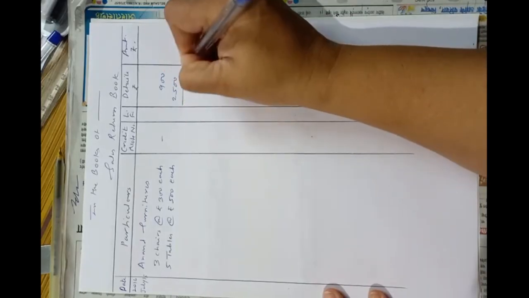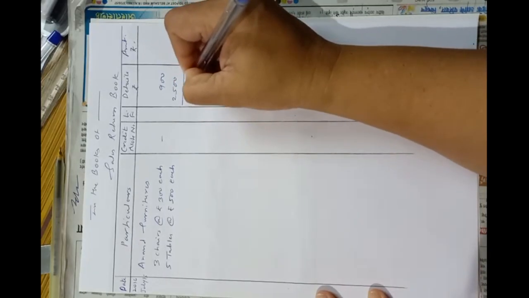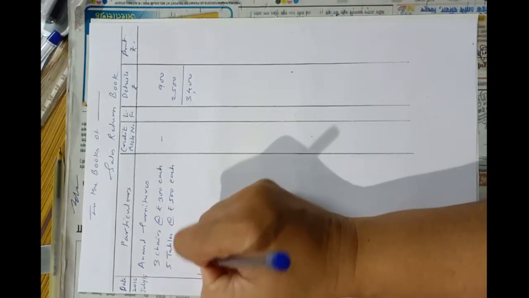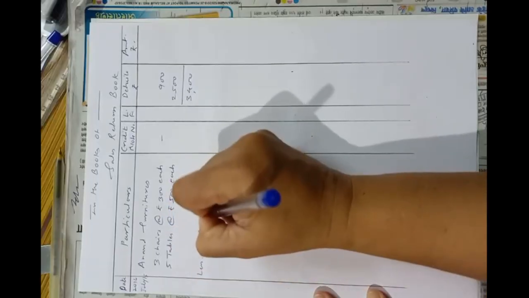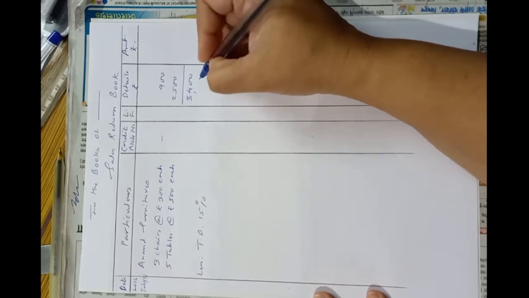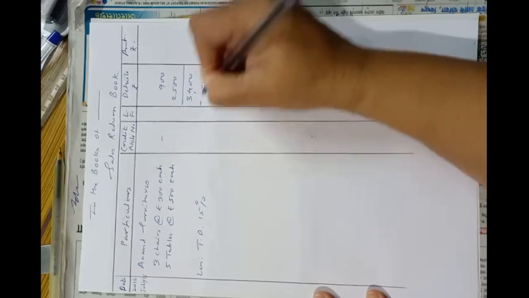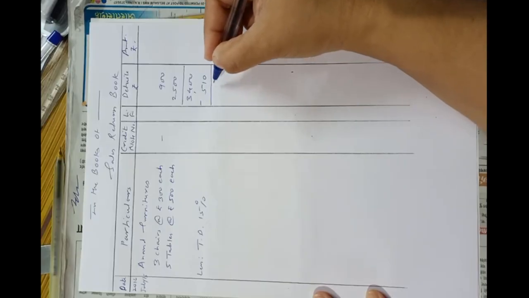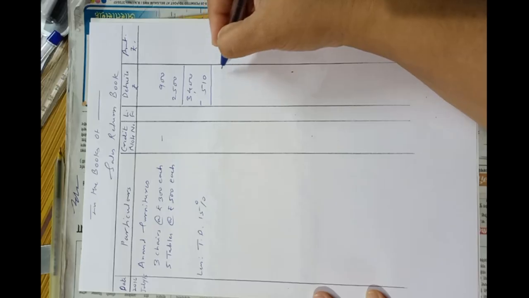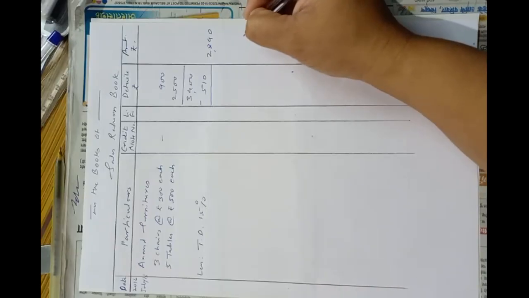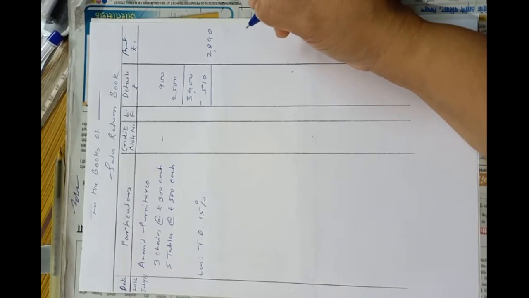Now let's add this, it is 3400. Okay, now trade discount is 15%, so less trade discount 15%. 15% of this is 510, so we will deduct discount, so the amount is 2890. Okay, so we have completed the first transaction.